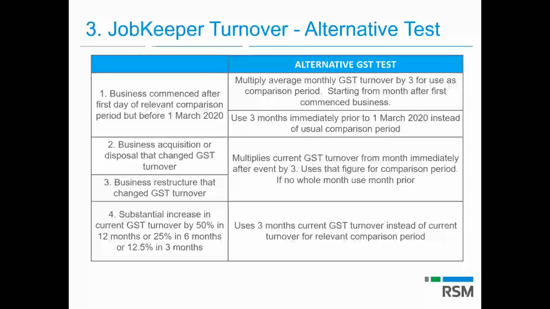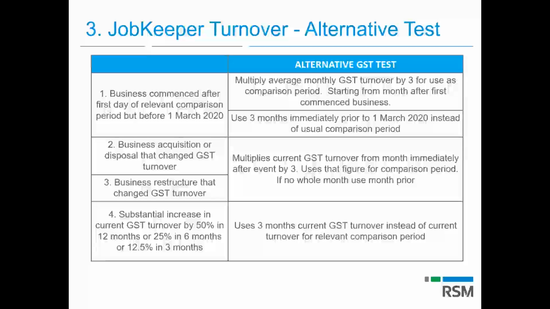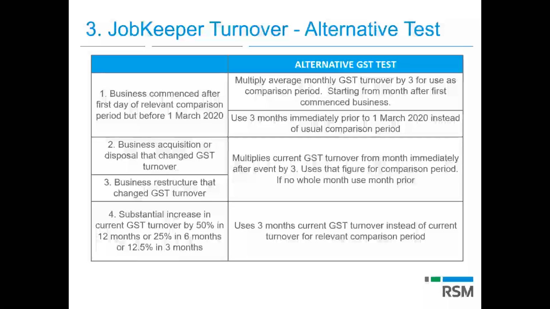This test is available where either the GST turnover has increased by 50% or more in the 12 months immediately before 1 March 2020 or the 12 months before the test period. It increased by 25% or more in the 6 months immediately before 1 March or the 12 months before the test period, or finally, it increased by 12.5% or more in the 3 months immediately before 1 March or the 12 months before the test period.